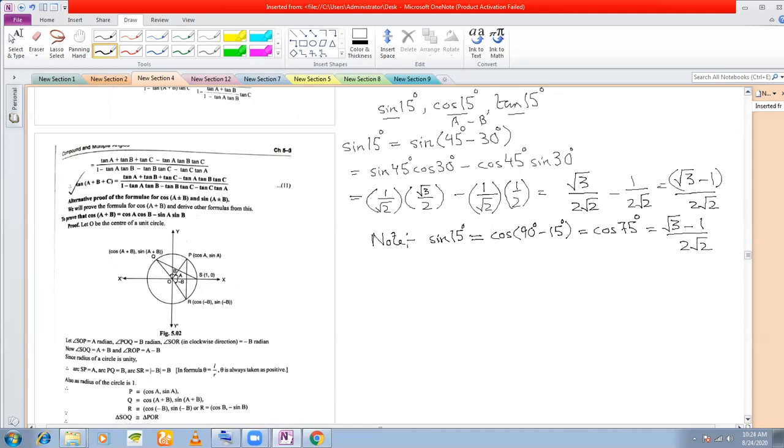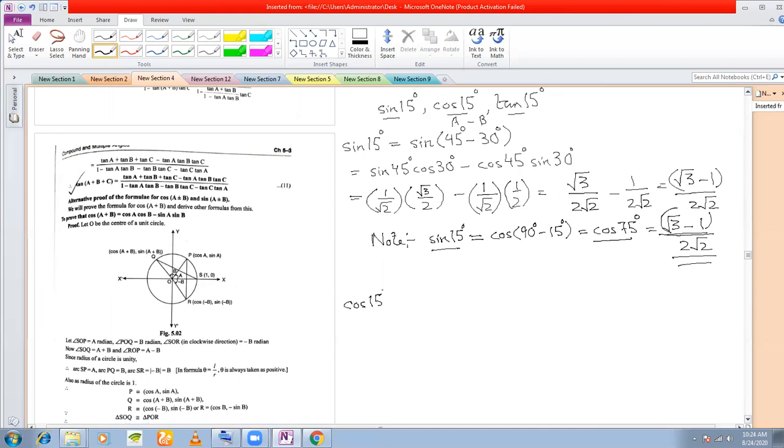So the value of sine 15 is the same as cos 75, which is root 3 minus 1 by 2 root 2. So remember always, even if the values of sine 15 are not given, you are expected to remember this: root 3 minus 1 by 2 root 2.